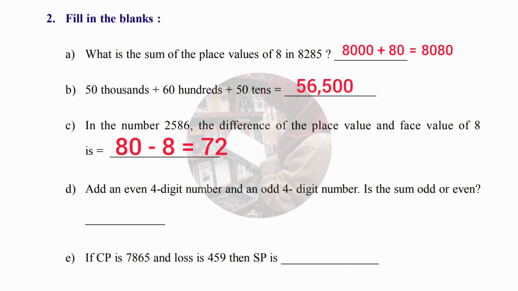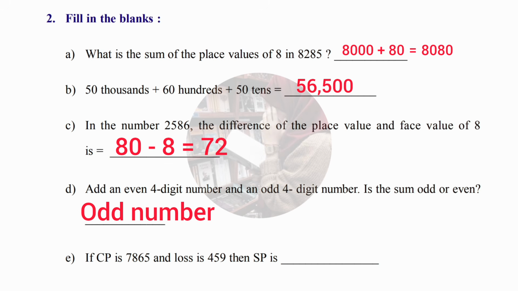Next fourth one, add an even 4-digit number and an odd 4-digit number. Is the sum odd or even? Okay, if you add a 4-digit even number plus a 4-digit odd number, of course the total will be an odd number itself. Okay. So next fifth one, if CP is 7865 and loss is 459, then SP is.